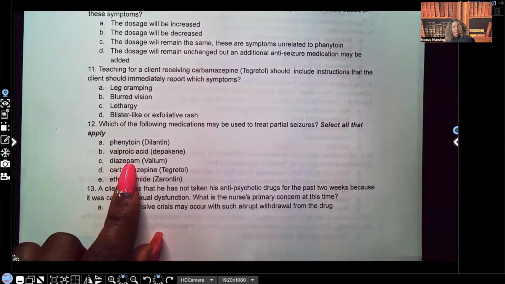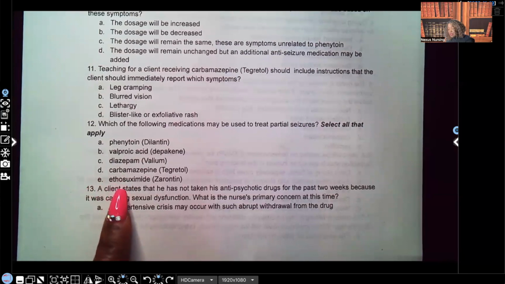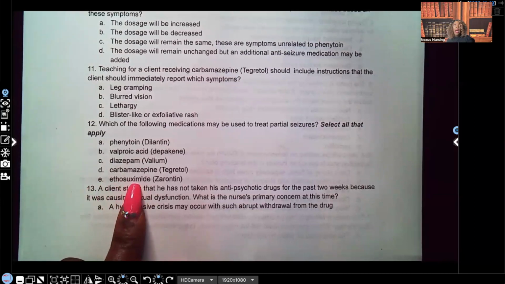What is diazepam? That's a benzodiazepine, guys. This is anti-anxiety medication, right? Not for partial seizures. D, Tegretol, true or false? True. How about E, Zarontin? False. Now, this was a trick question because Zarontin is an anticonvulsant, an anti-epileptic, but it's not to treat partial seizures.